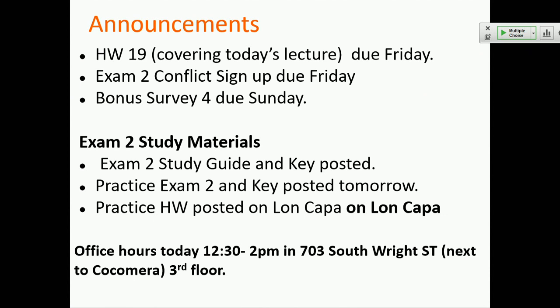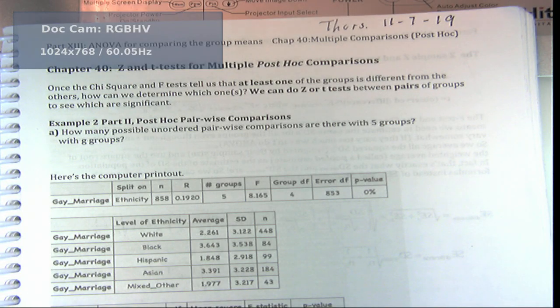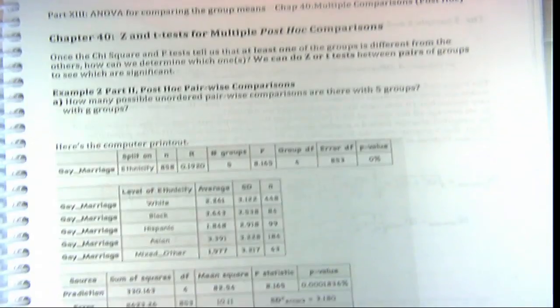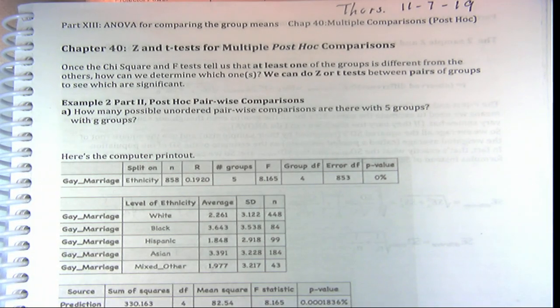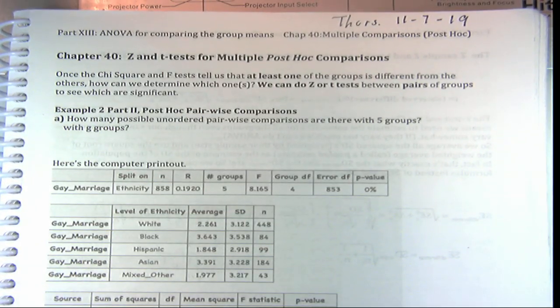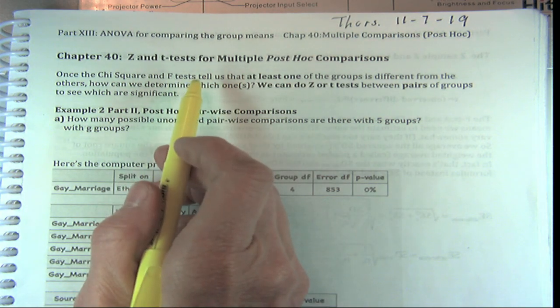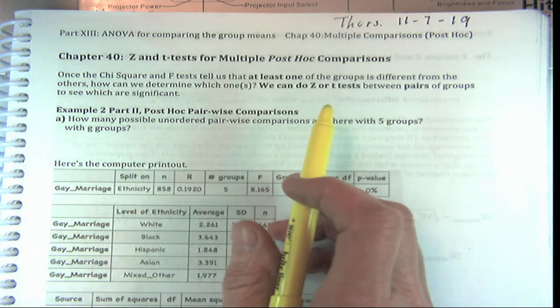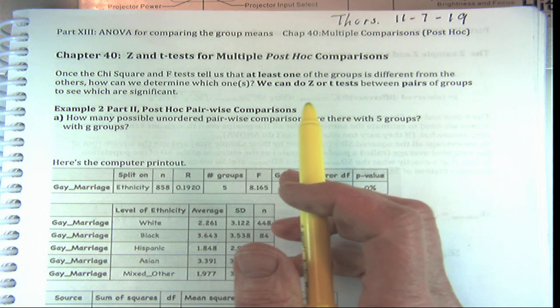All right. Now, let's go to the document camera, and we're going to cover chapters 40 and 41 today. In chapter 40, we're going to look at Z and T tests for pairwise comparisons.